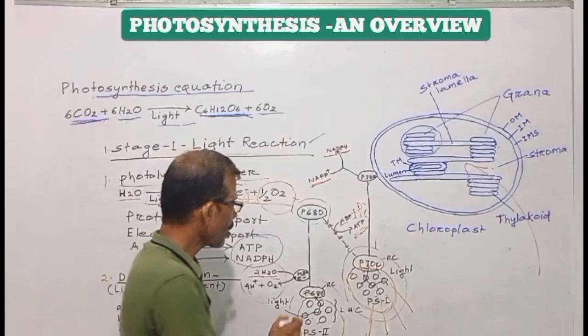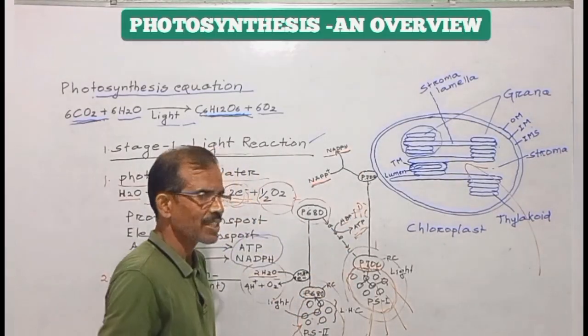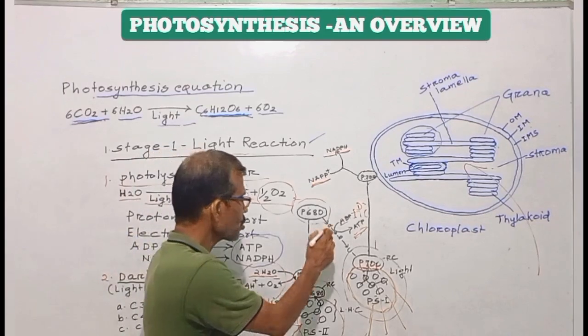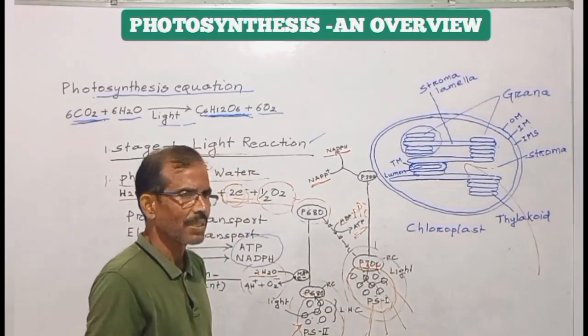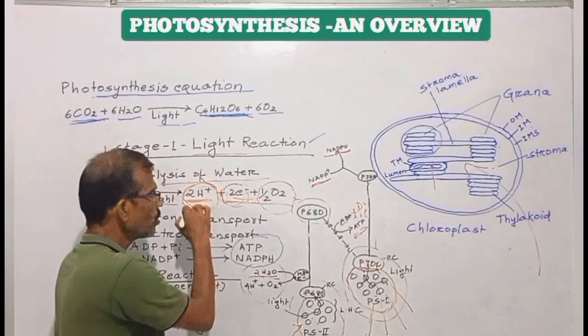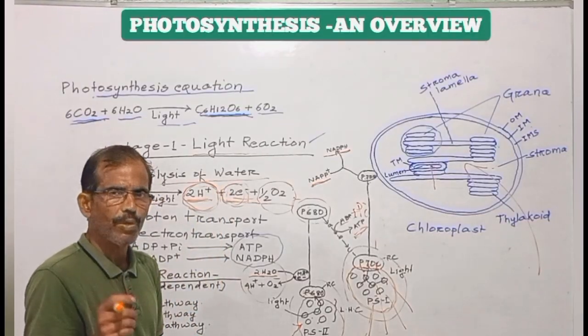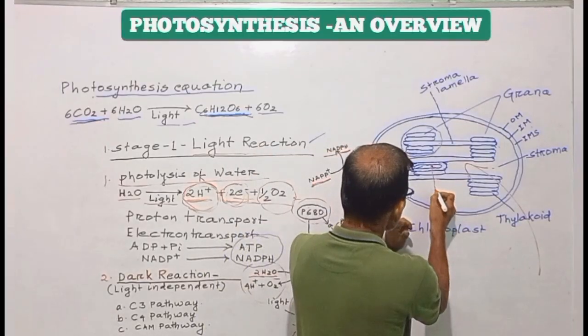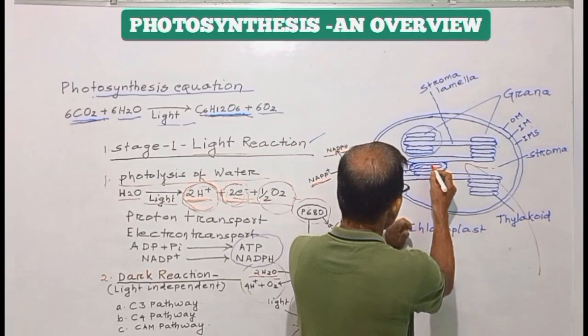This process of photosynthetic electron transport has been very simplified, in which most of the electron carriers and enzymes are not specified.